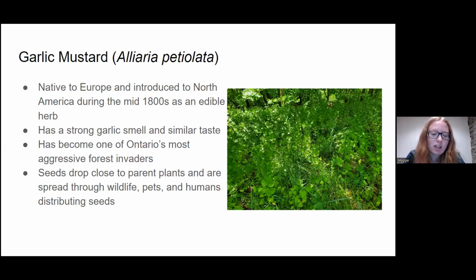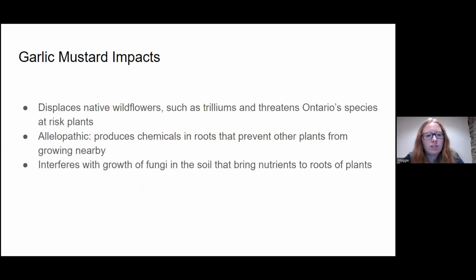So as I mentioned, the pathway of spread there is trail use and things like that. Some of its impacts are that it displaces native wildflowers, so it grows in the same forests as our spring ephemeral wildflowers like trilliums. And so they threaten Ontario's species at risk plants as well in some of our forests.